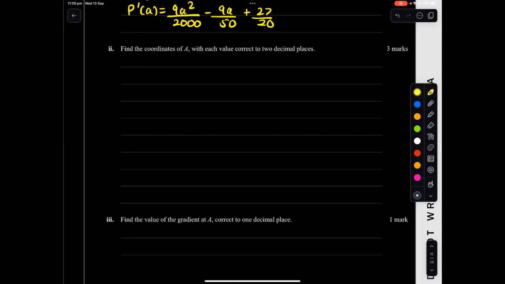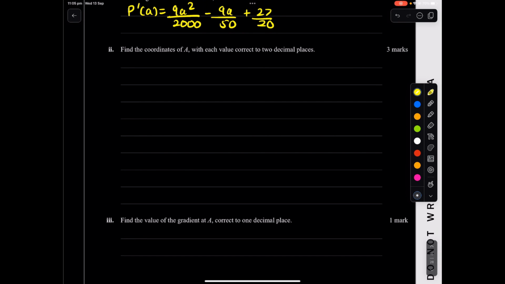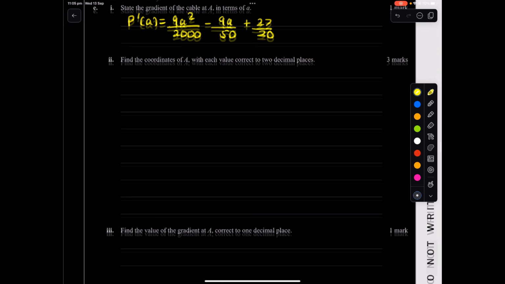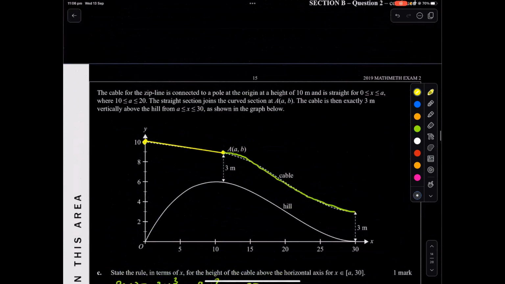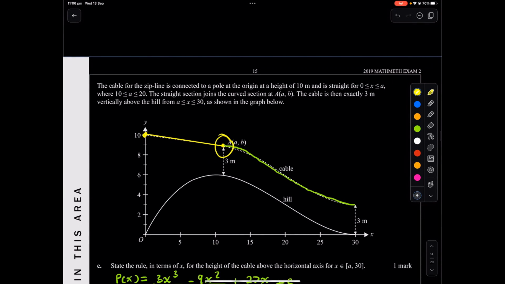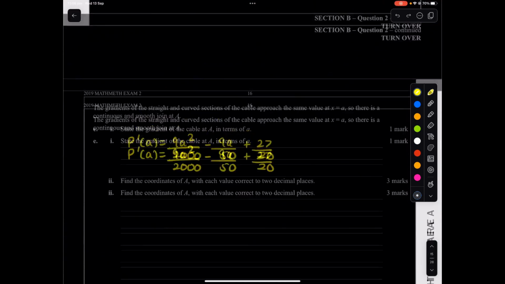Find the coordinates of A with each value correct to 2 decimal places. Well, if they are continuous at that point, their gradients must be the same at this point, and we already know the gradient of this by using what we've just calculated.